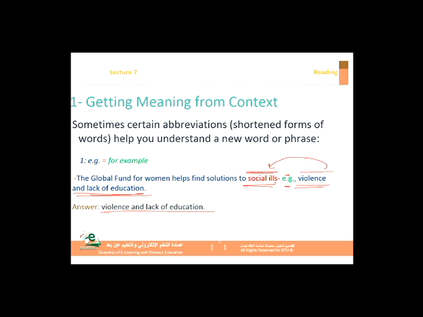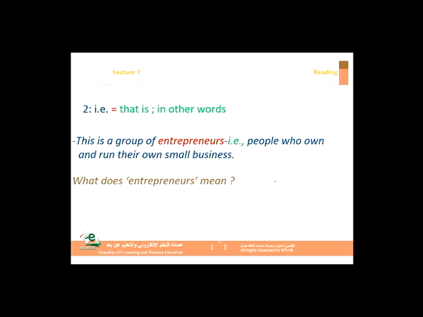All right, so let's look at example number 2. Another abbreviation that is widely used, it's really, really popular, is I.E. What is meant by I.E.? It means that is, or in other words.